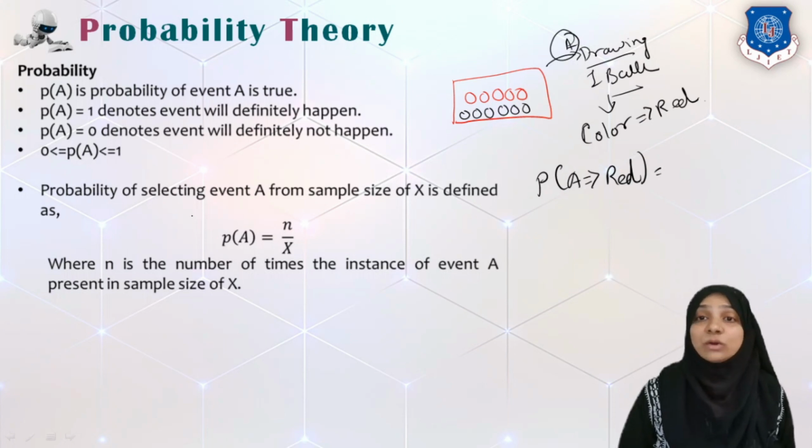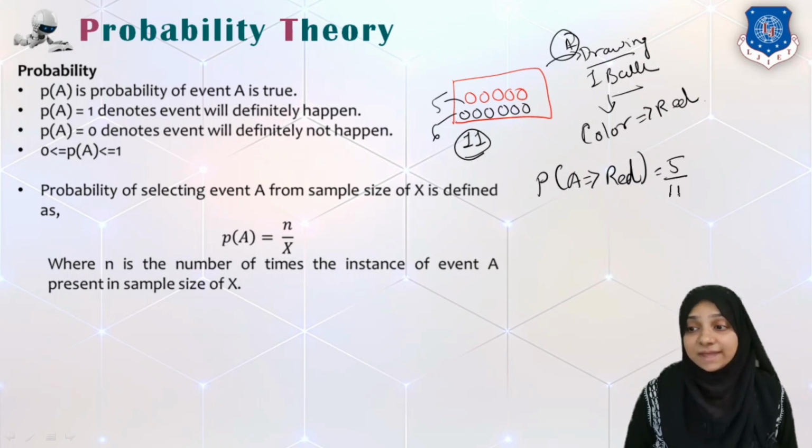Now, how do we calculate this red ball probability? As you can see, in this particular box there are a total of 11 balls, and out of 11 balls there are 5 red balls and 6 black balls. So the probability of drawing a red ball out of this box is 5 by 11.